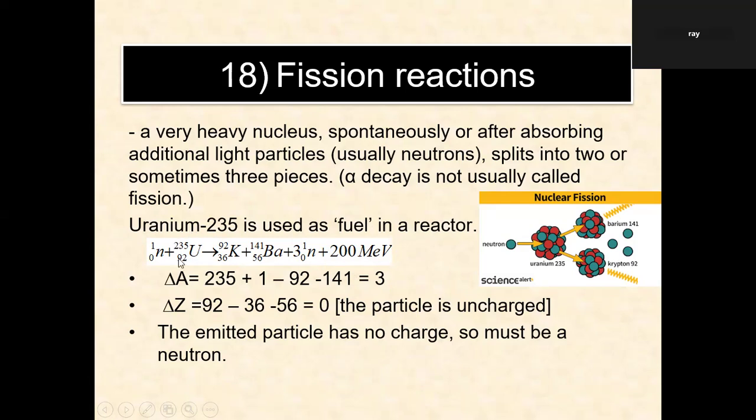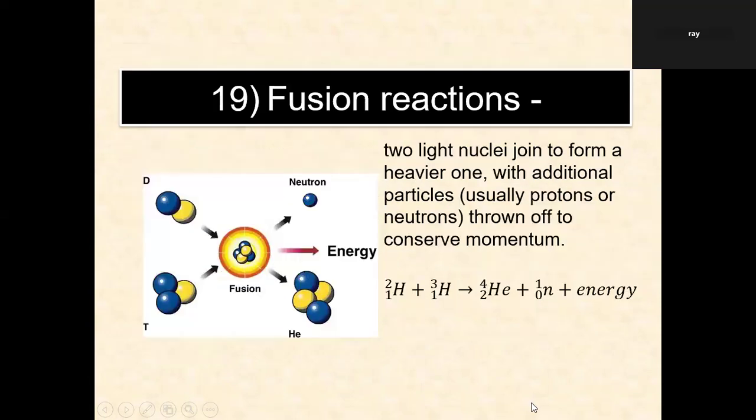Right? Distinctive feature of fission: a heavy nucleus, two lighter nuclei, emission of usually a neutron. Fusion, the difference is that two lighter nuclei join to form a heavier one.